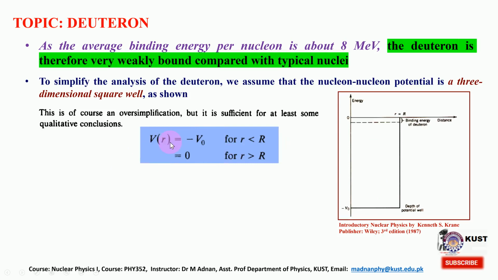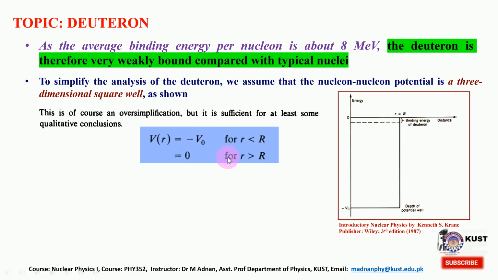So this central potential exists once R, the separation between the two nucleons, is less than the size of the deuteron. Once the separation between the two nucleons is smaller than the size of the deuteron, they will be connected by the potential which we assume to be of the square well form due to the nuclear force.